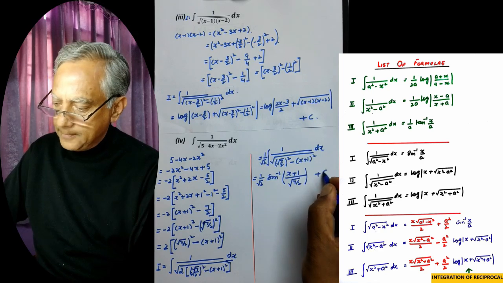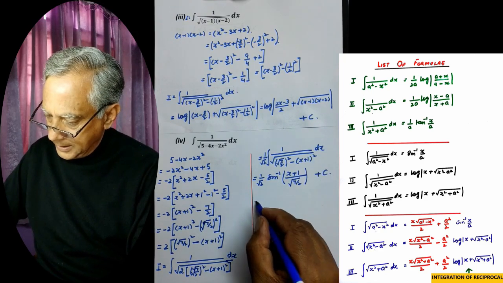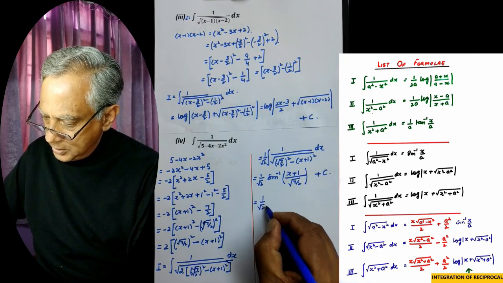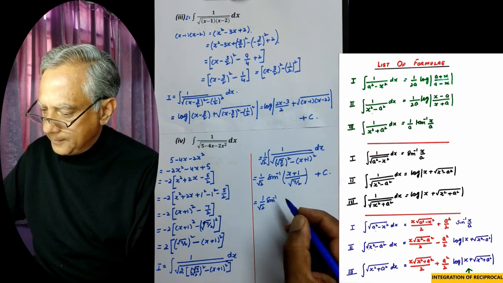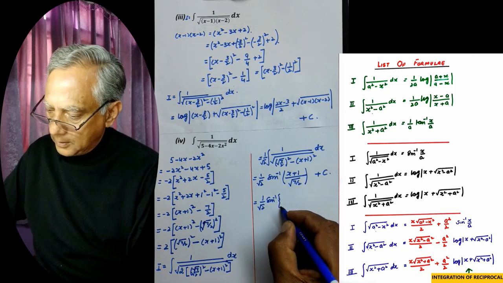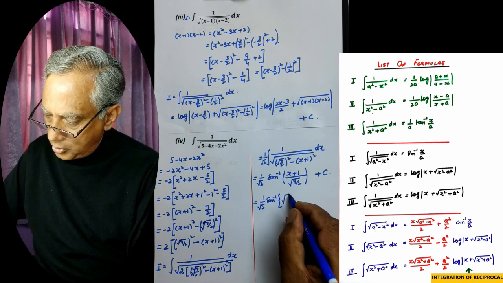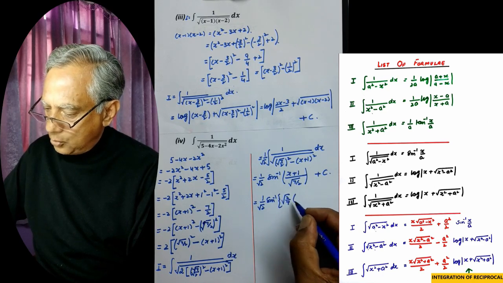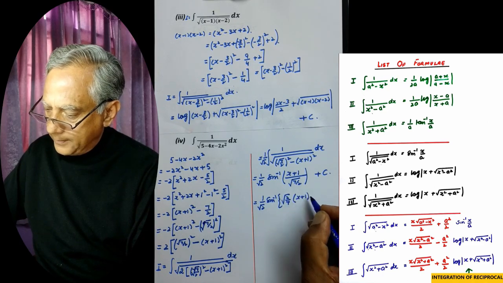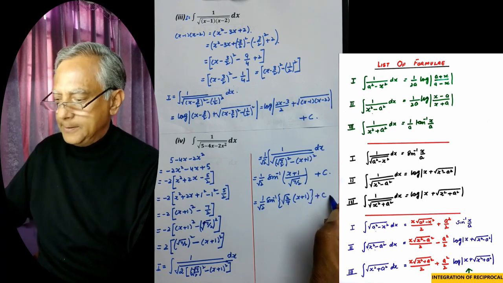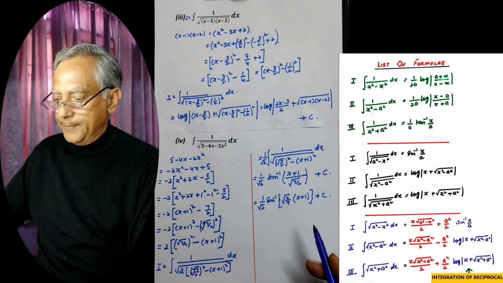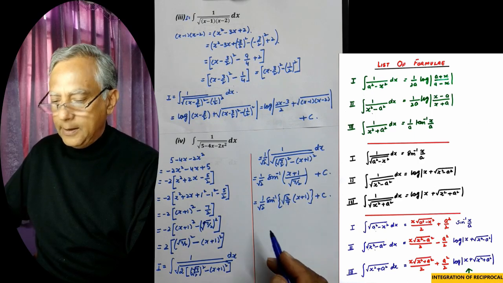This plus c, and this can be written as 1 by root 2 sine inverse root 2 by 7 into x plus c. This is the answer.